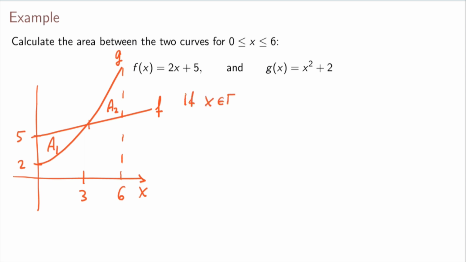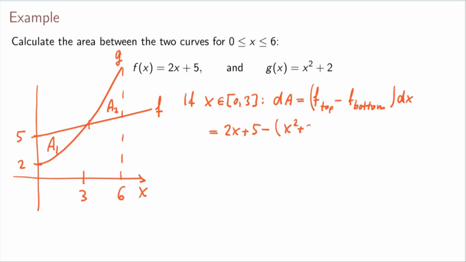So if we are in the first interval from 0 to 3, then we write the area element dA, f top minus f bottom, times a small line element dx. But now f top will be the f function itself, so 2x plus 5, minus the bottom function, which is g, in this case x squared plus 2, all this dx.